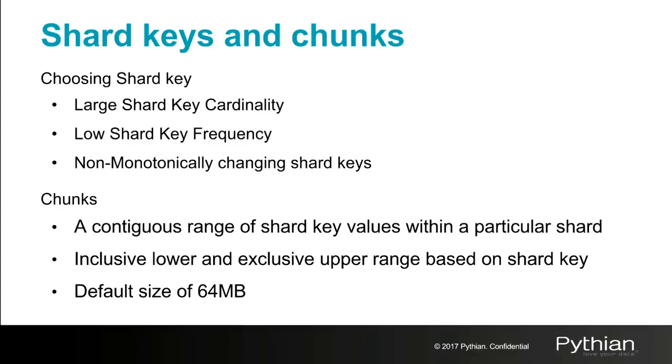And those 10 chunks can each reside on a separate shard, but we are limited to 10 shards only. Even if we have 20 shards, we are limited in distributing the data across those 20 shards because our cluster cannot split our data into more than 10 chunks. So that's why it's important to have a good shard key cardinality.